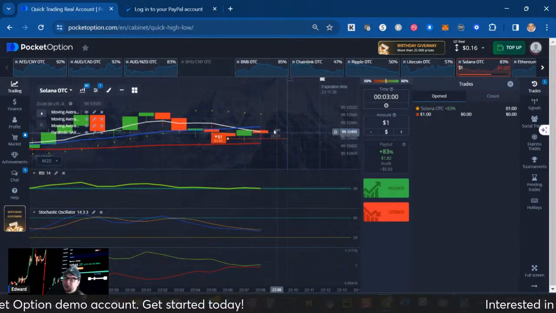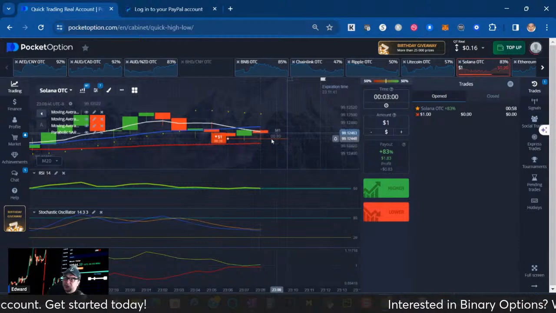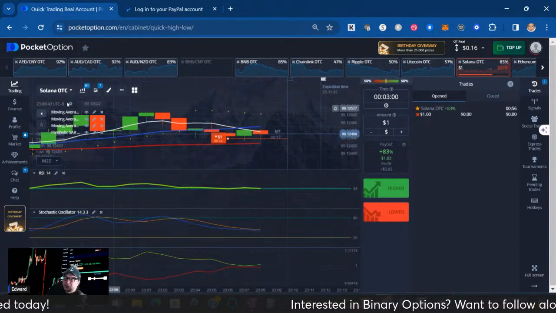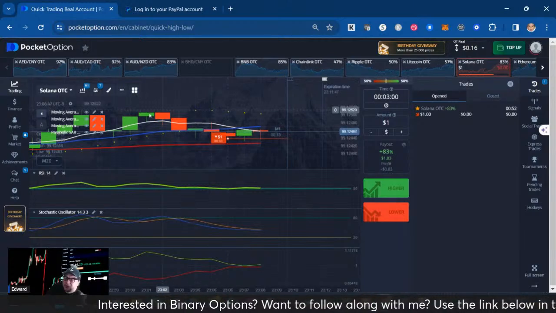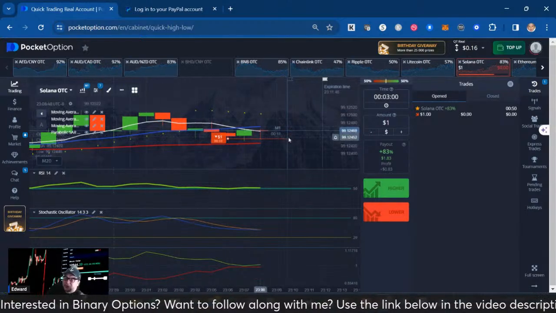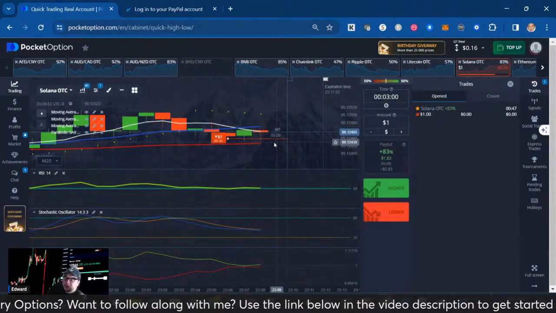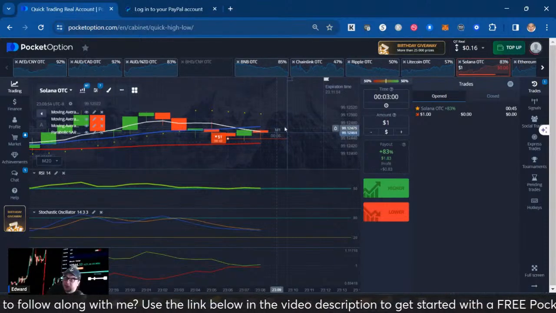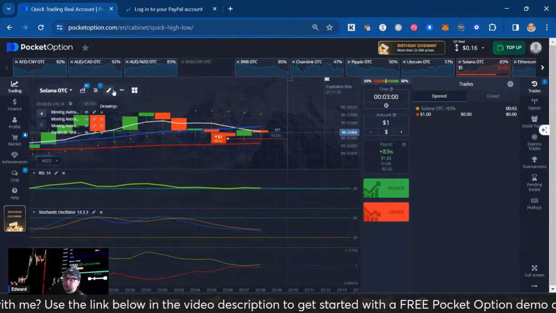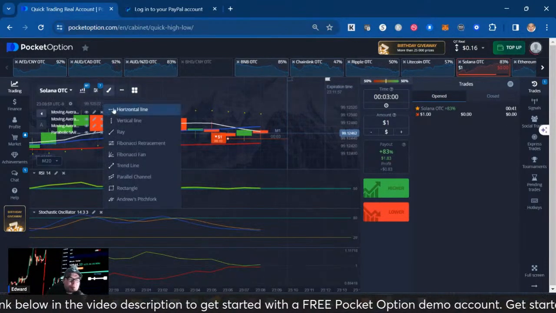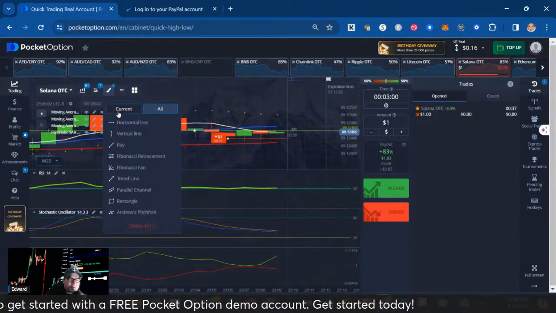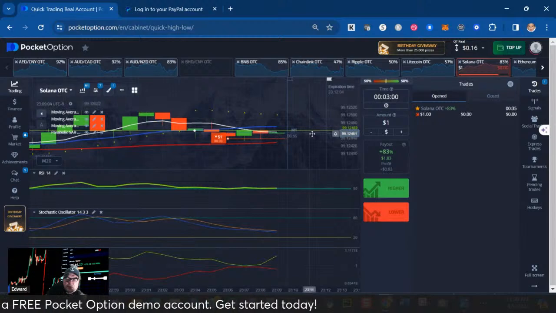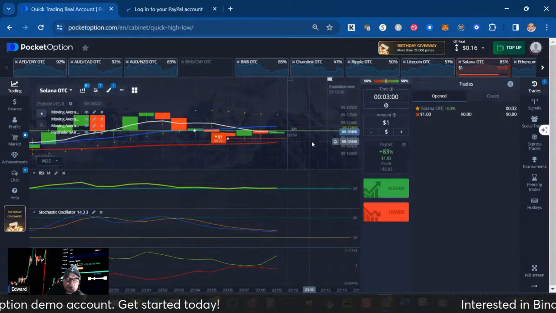I've got to start marking those out. I think that's a bad habit I've had. You have your resistance line at the highest high, and the lowest low, you can draw a line for the support line. That's one of my weaknesses. I have not been drawing those out, so we can take this as a cue to actually do that.